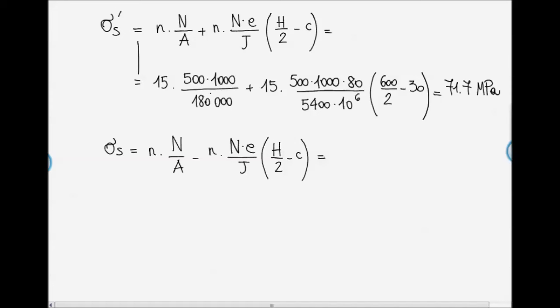That gives, without substituting all the numbers, 11.7 megapascal. And this is the way in which we can determine the stresses on our cross-section in case of small load eccentricity.